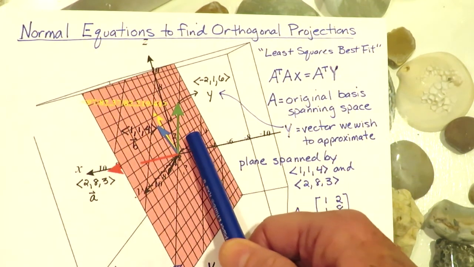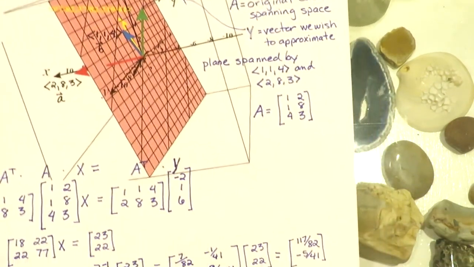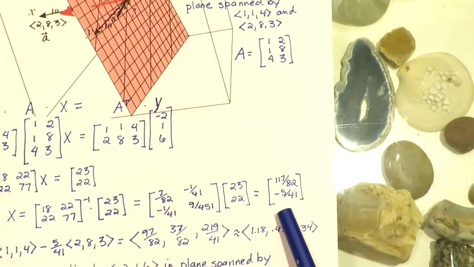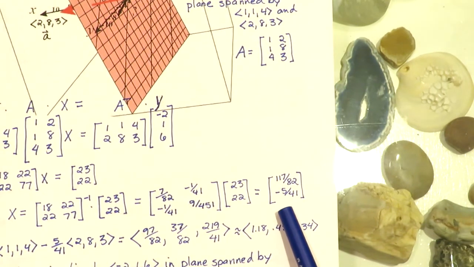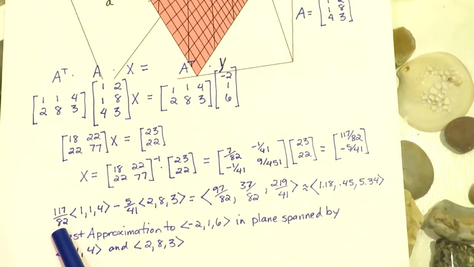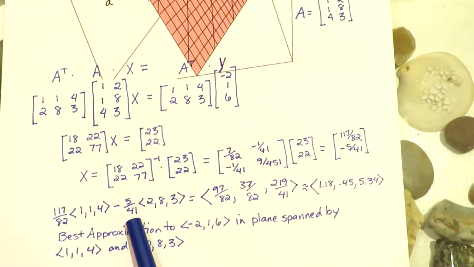But it's not in the plane, so these are the scalars for a linear combination that gives us the closest approximation. 117/82 is going to be the scalar multiplying (1, 1, 4). Negative 5/41 is going to be the scalar multiplying (2, 8, 3).